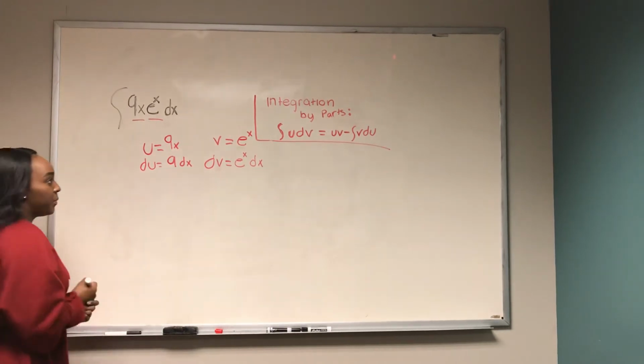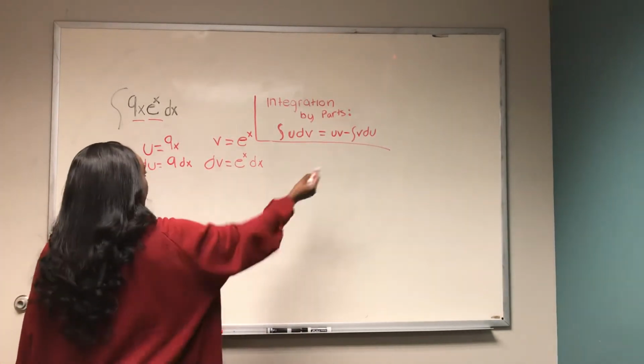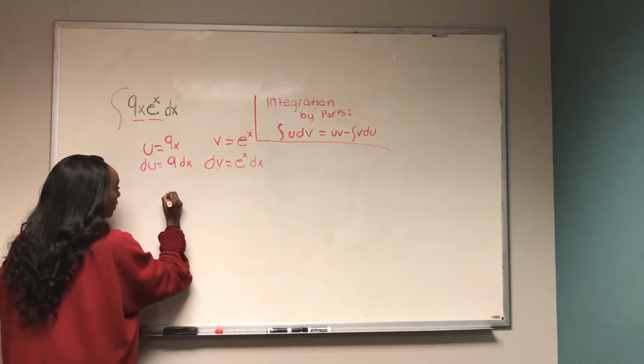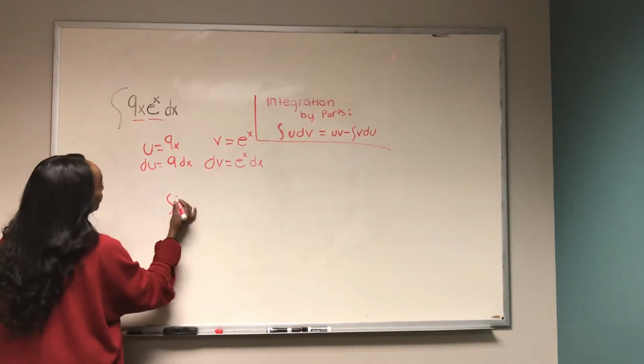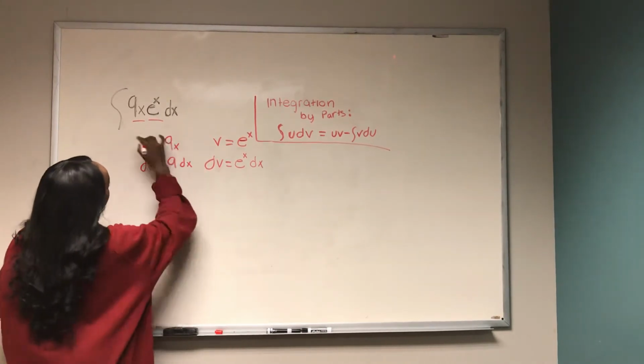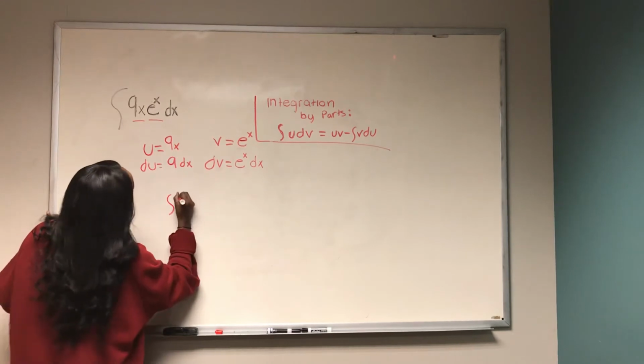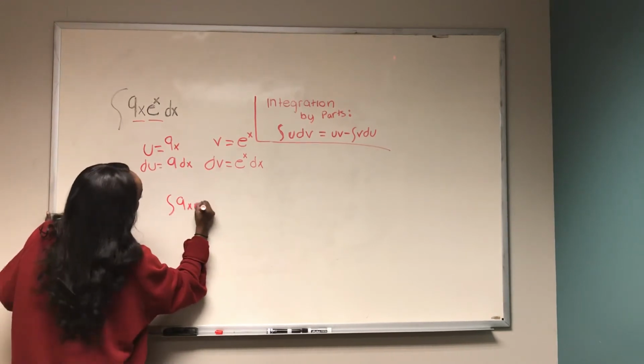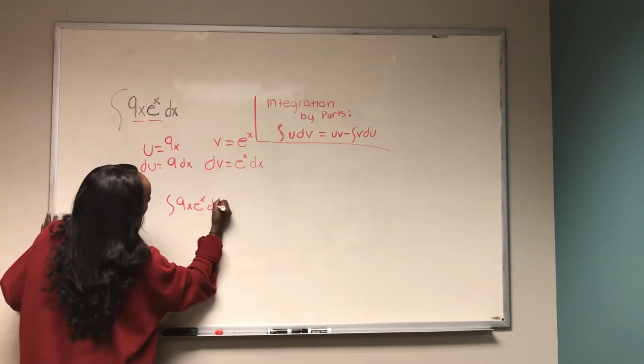So now we will plug it all back into this formula. So we started off with u times dv, which is our given, 9x e to the x dx.